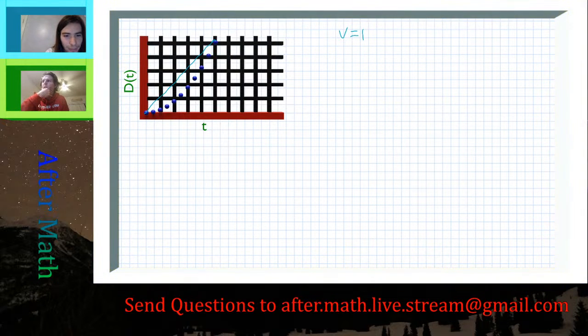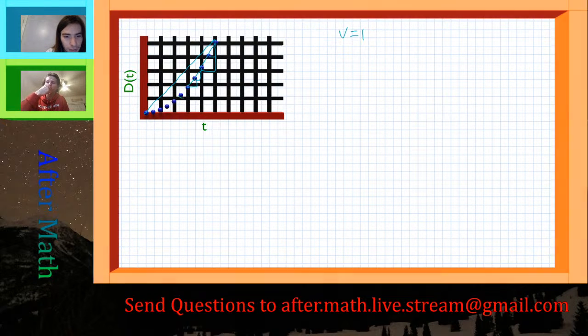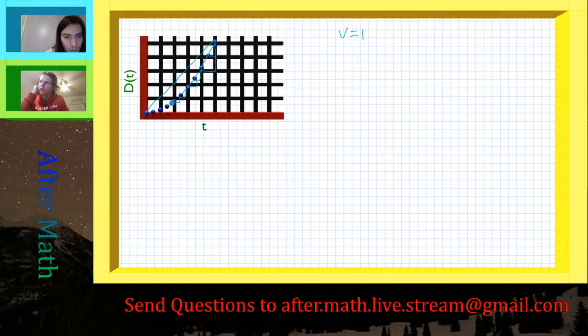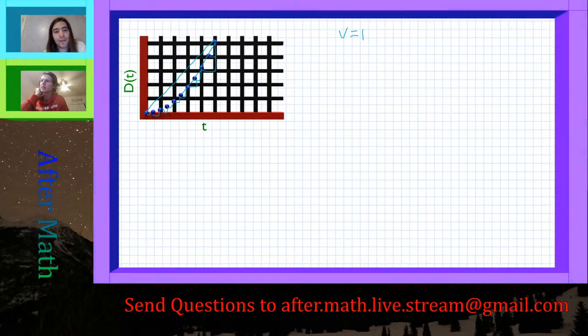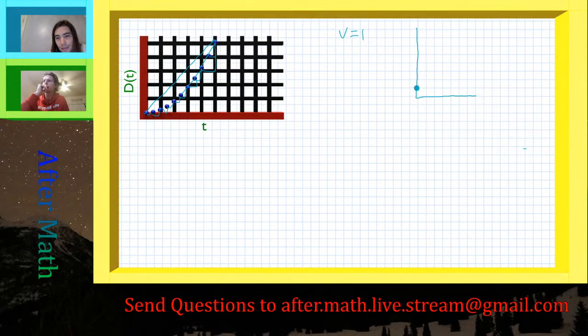But Jaden, notice what happens here if we take the slopes. Again, we get these smaller slopes appearing, right? And if we were to write this on a graph for velocity again, we would get something that looked like this.